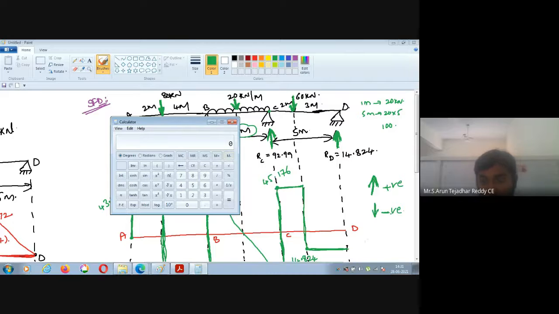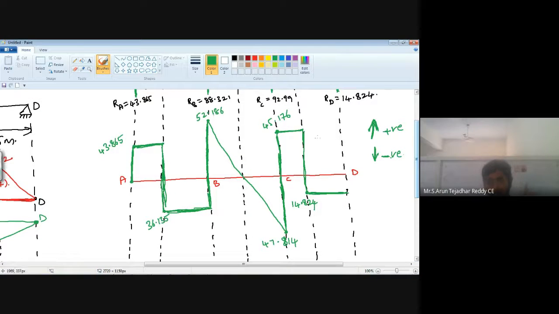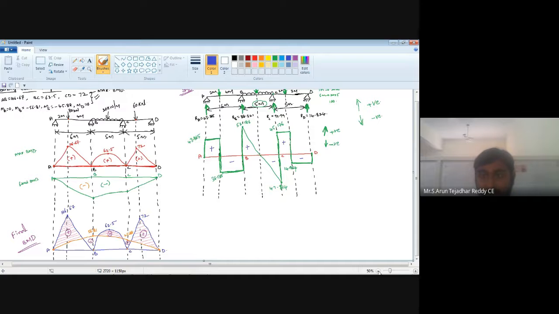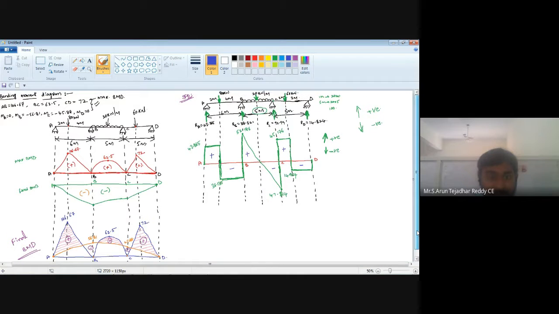So 0 means it is 0 value. Now join this line. So it is positive, it is negative. It is positive shear force, it is negative shear force diagram. So this is our shear force diagram. All of you draw shear force and bending moment diagram clearly.